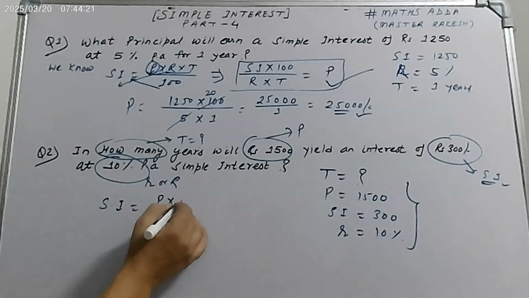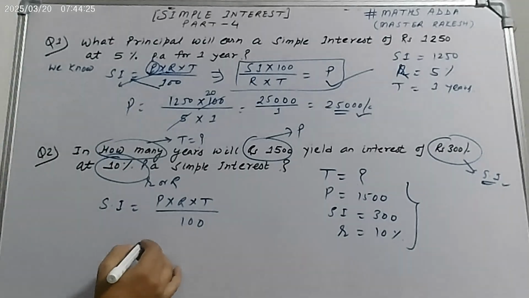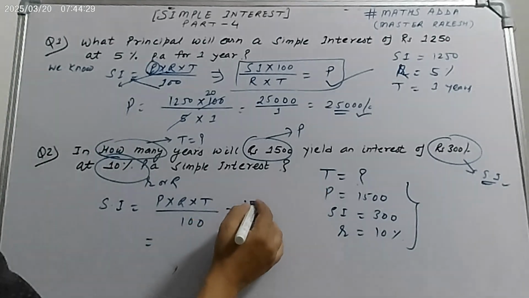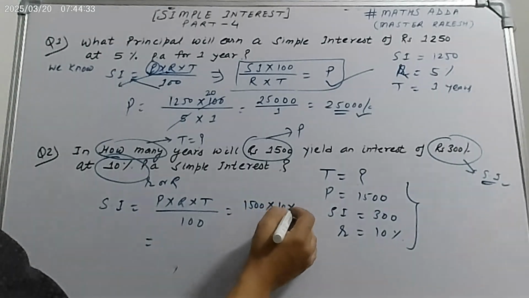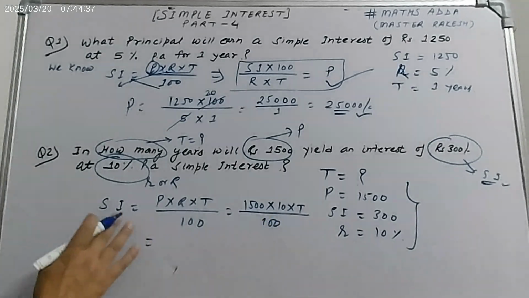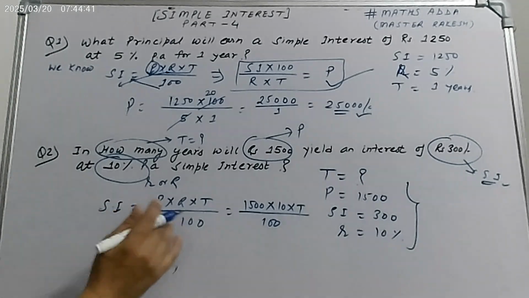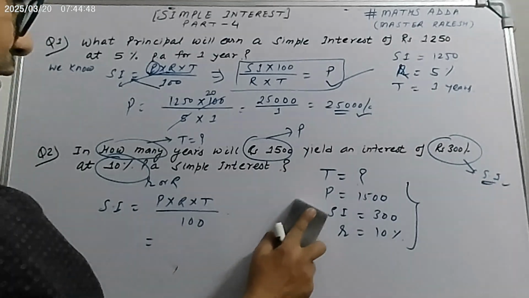Put the value of P, which is 1500, R which is 10, T is T, 100 is 100 and SI is 300. I'll write down the values here.